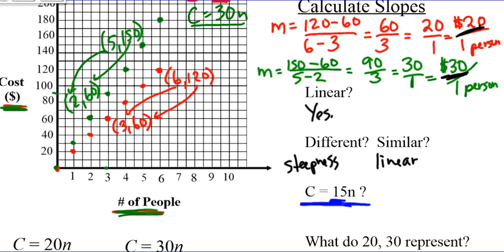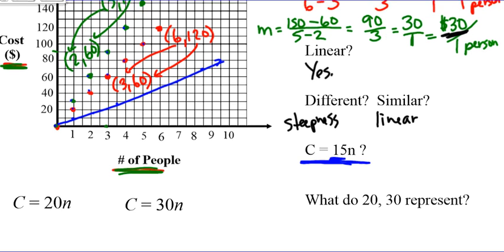Well, 30 was steep, 20 was less steep, so 15 would be a line that was less. I'm not saying that those are the right values, but we know that it would just be less steep. This information all ties together.